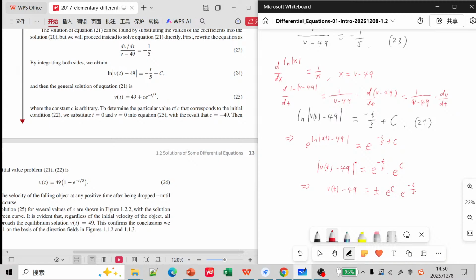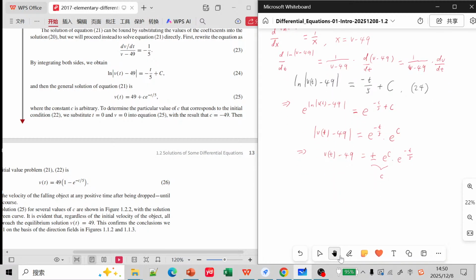And then we use a small c to be equal to its value. And then we move this term to the right.